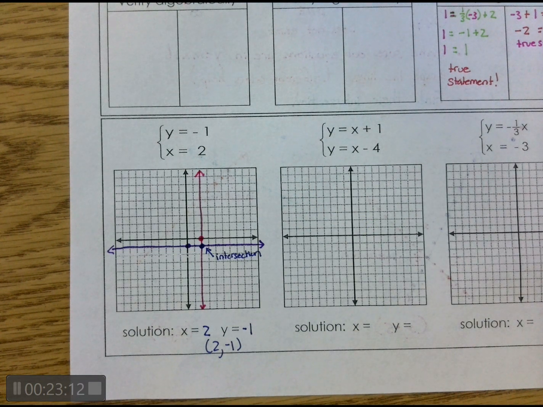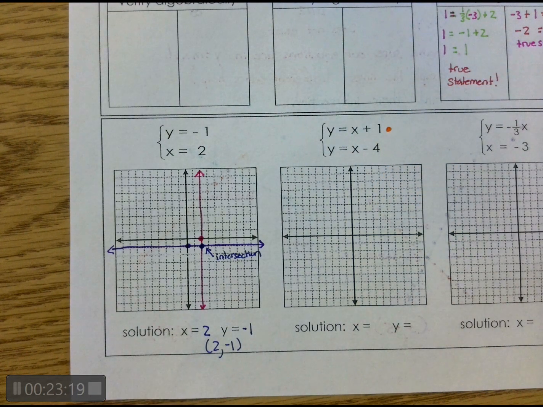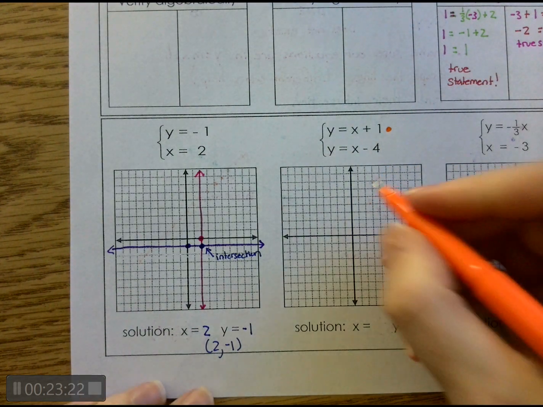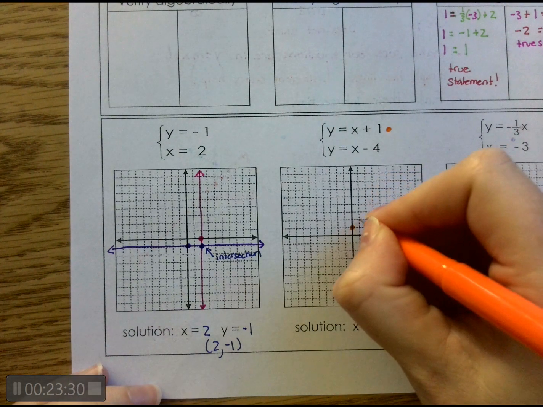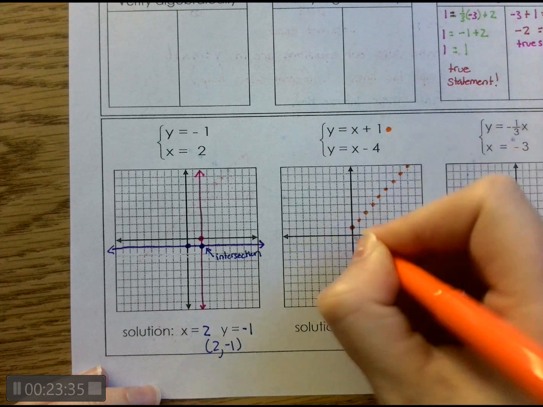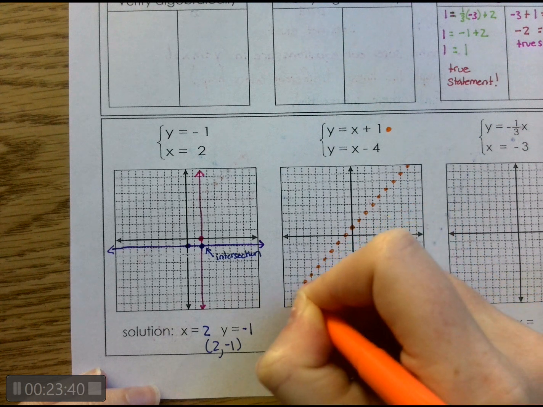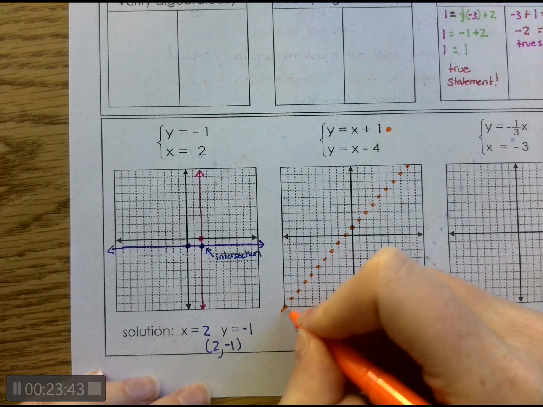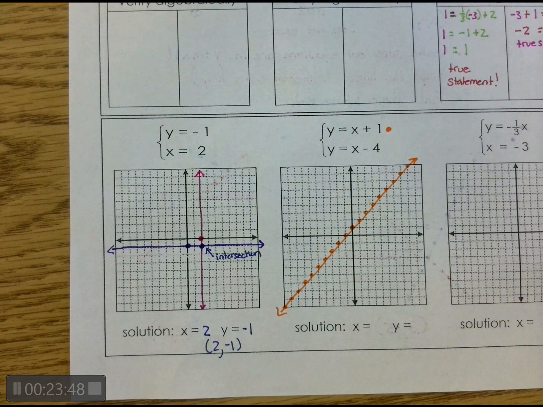Alrighty. Let's try the next one. y equals x plus 1. And y equals x minus 4. So, start by graphing your y-intercept, and then graph your slope, which is going to be 1 over 1, because hopefully you guys are pretty good at determining slope by now. Cool.